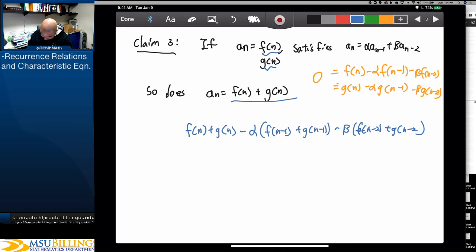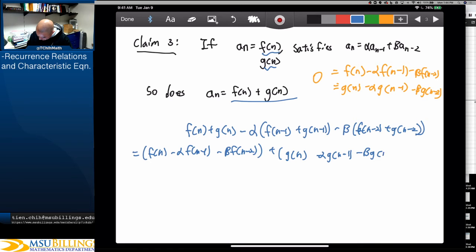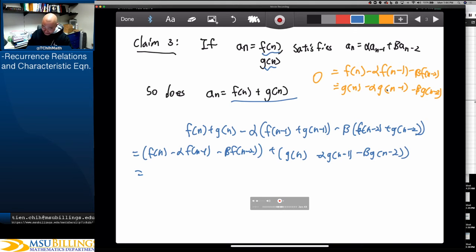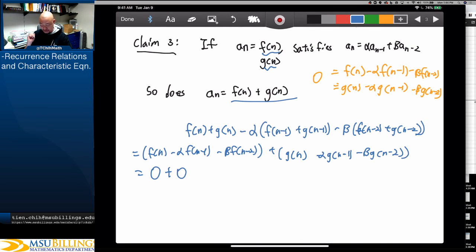So this whole sum I can rewrite as f of n minus alpha f of n minus 1 minus beta f of n minus 2, and then add the same things for the g: g of n minus alpha g of n minus 1 minus beta g of n minus 2. I can regroup this whole sum like that, and so from my observation here, this whole thing is 0 plus 0.